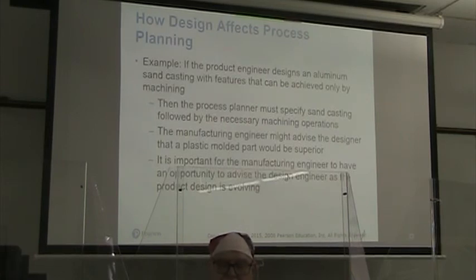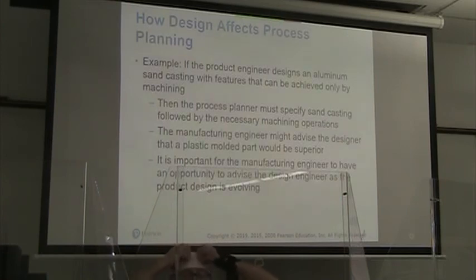But the manufacturing engineer might tell the designer that a plastic molded part would be superior. So, we want the manufacturing engineer to have the opportunity to advise the design engineer as we are creating the product design.